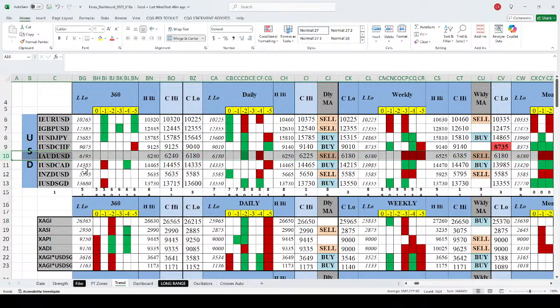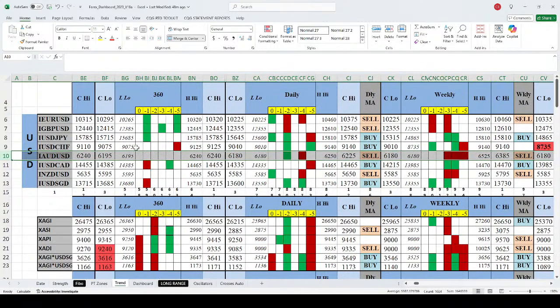As of now we expect to trade between 61.95 and 62.40, and expect the 62.40 to break, and we may see the price pushing higher.